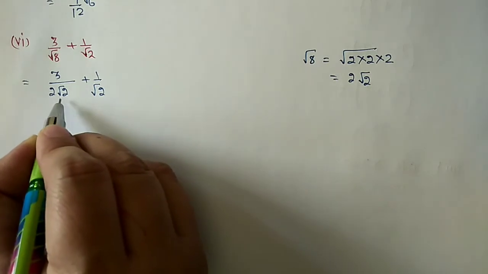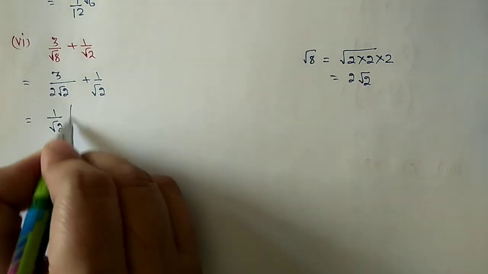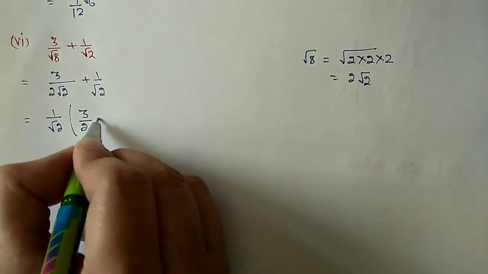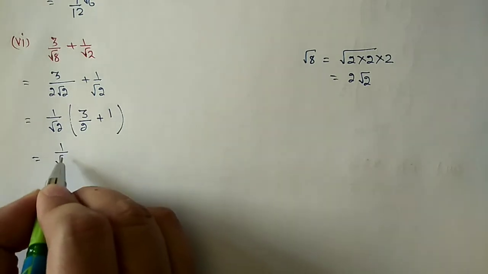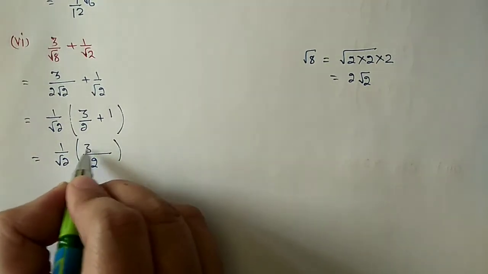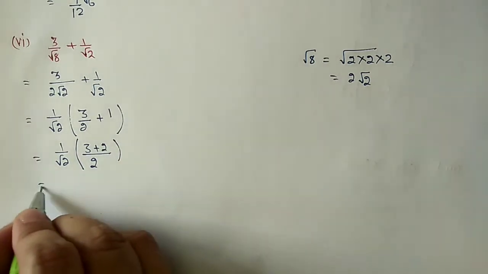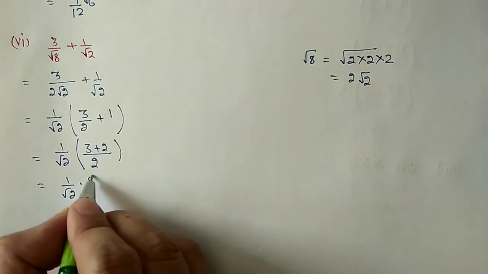This 1 by root 2 we can take out common, and we have now 3 by 2 plus 1. Take LCM. LCM will be 2, 3 plus 2. So we will get 1 by root 2 into 5 by 2.